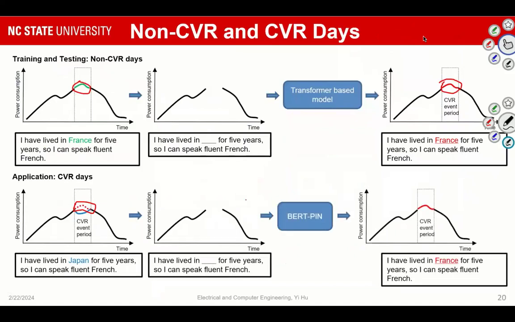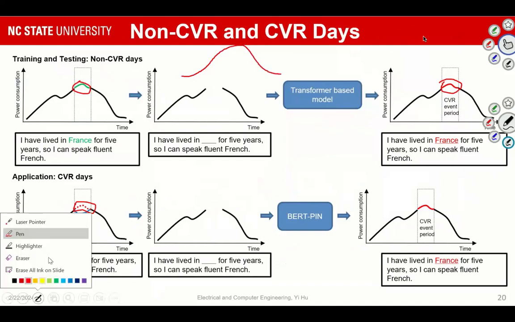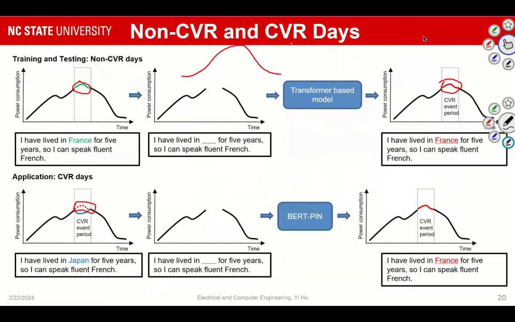For CVR, let's take demand response as an example. It's similar, right? For demand response, usually if there is originally a peak here, and then you do a demand response, it will go down a little bit here, and after the period, it may go up this way, and then finally go down.